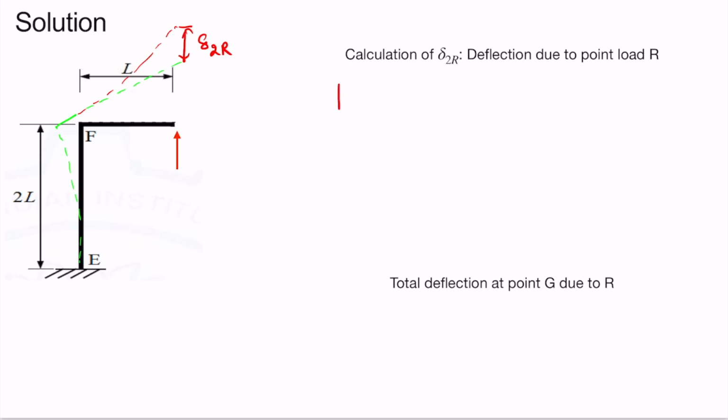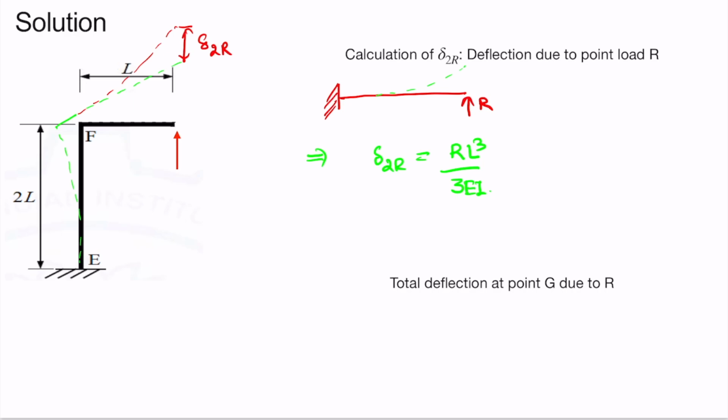The value of delta 2R will be simply calculated as, this is the case of this beam, and the deflection here can be simply calculated as PL cube by 3EI. Load is R in this case, so RL cube by 3EI.